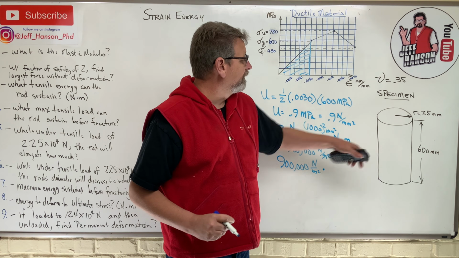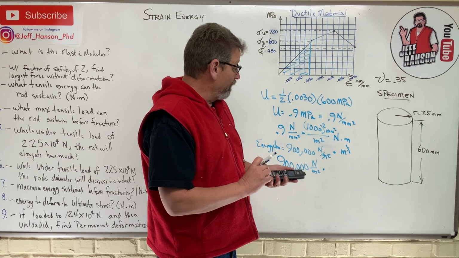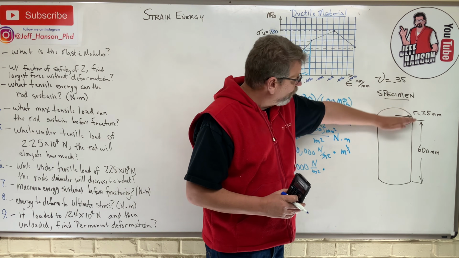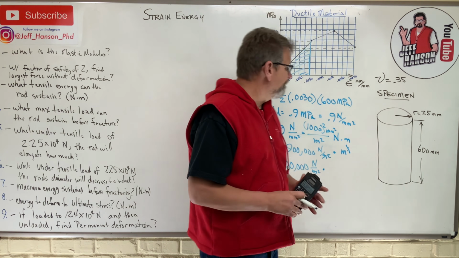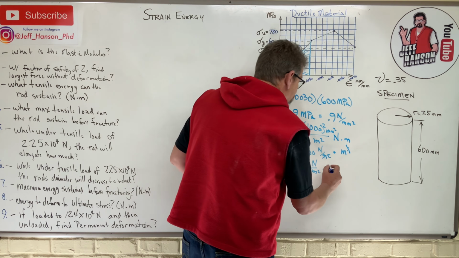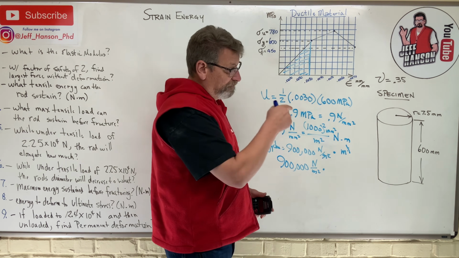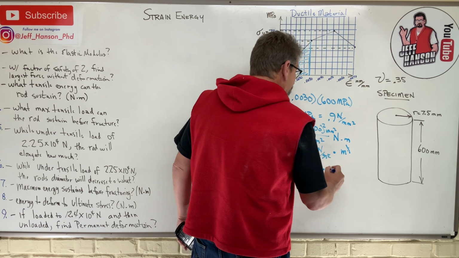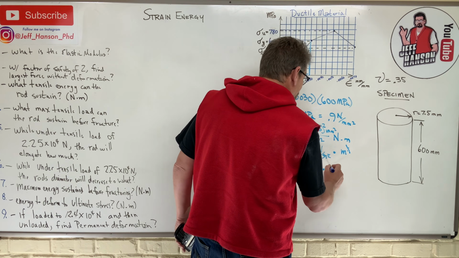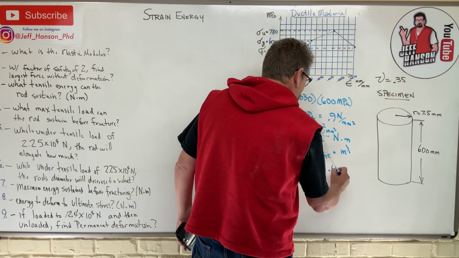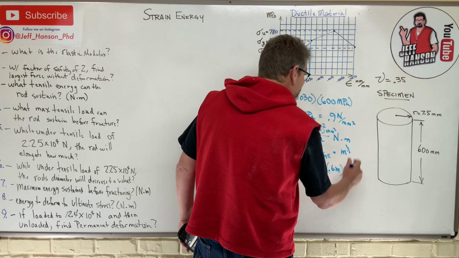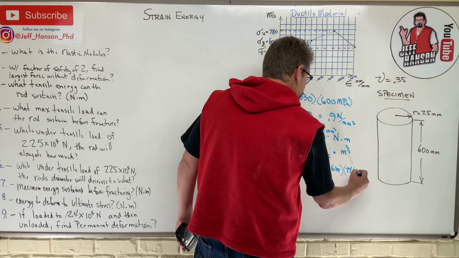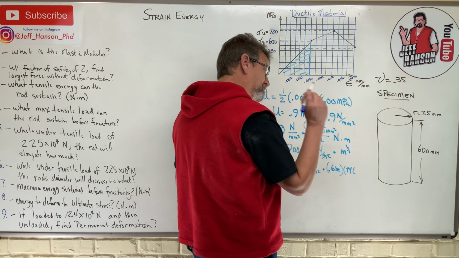That's what our specimen looks like, okay? So what is the volume of that? It's pi r squared for that area times, whoop, the height, right? So times, and those are in millimeters. We want everything in meters, so let's put this in meters. So let's see, 600 is 0.6 meters times the area, which is pi times r, 7.5, but that's millimeters.